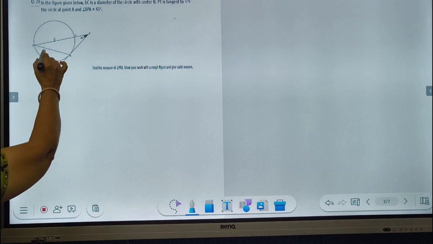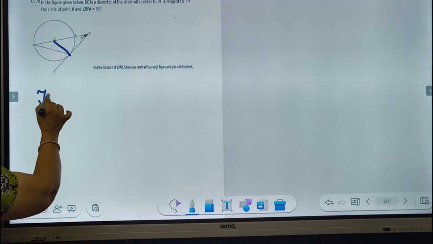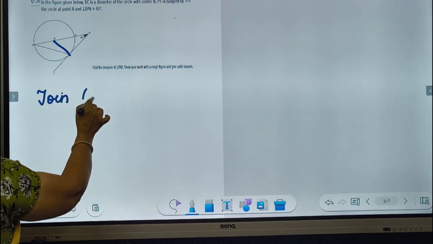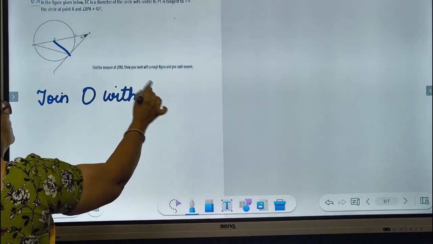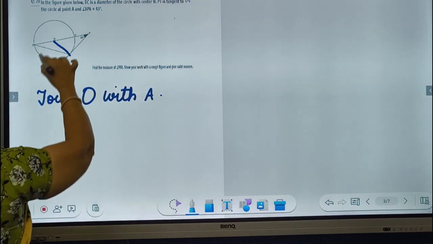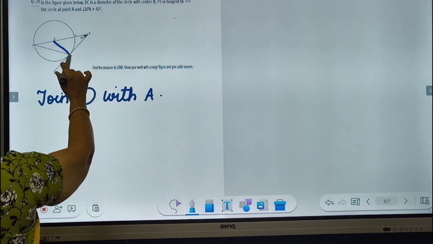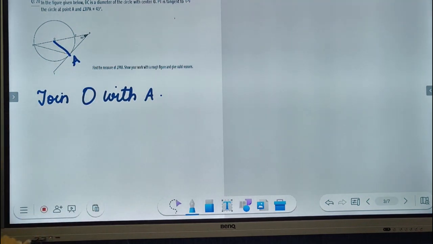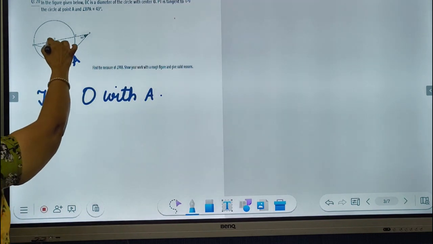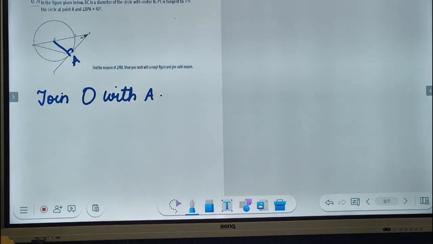To do this, I am going to join O with A. Now this is a radius and this is a tangent, so this is 90.